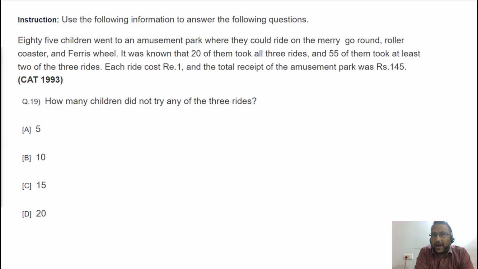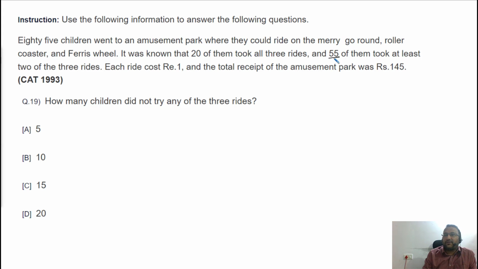It was known that 20 of them took all 3 rides. 55 of them took at least 2 of the 3 rides, and each ride cost ₹1, and the total receipt of the amusement park was ₹145. The question number 19 is how many children did not try any of the 3 rides? So let's have a look at it.